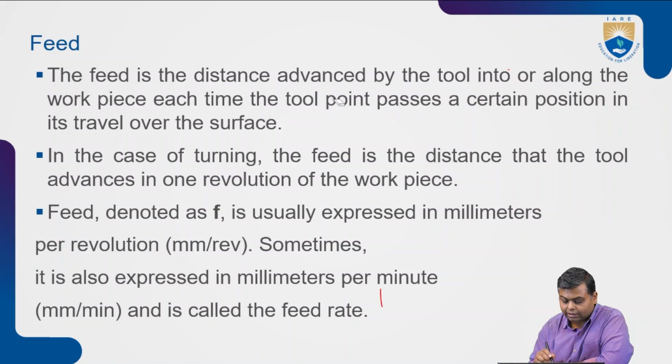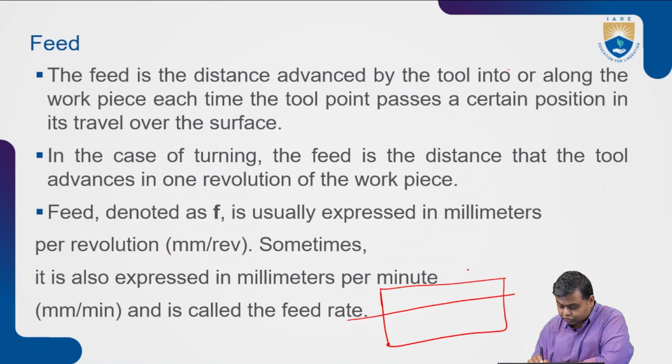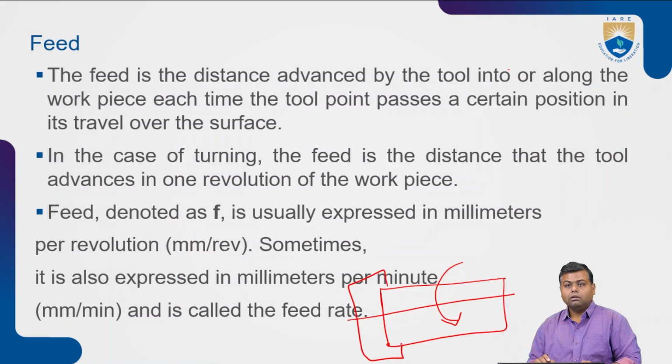In turning, the feed is the distance that the tool advances in one revolution of the workpiece. If I draw the workpiece diagram in the lathe, when the tool advances along the workpiece, how much the tool advances for each revolution, that is, per RPM, is termed as feed.